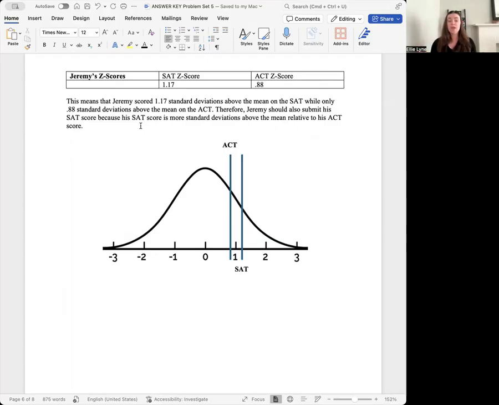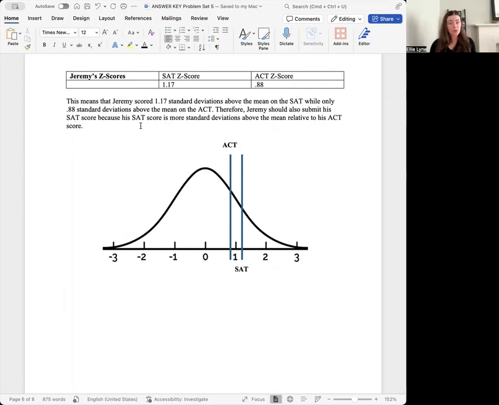So in this case, now that we've standardized these units, if you were to just look at the z-scores itself, if it's quicker for you to do that and you're able to interpret that in your head, go ahead and use z-scores because again, it's standardized units now and it allows us to quickly make decisions like this. So in other words, both Aaron and Jeremy should be submitting their SAT scores with their college materials.